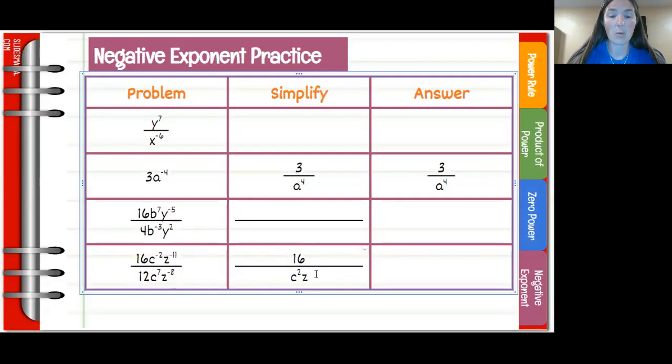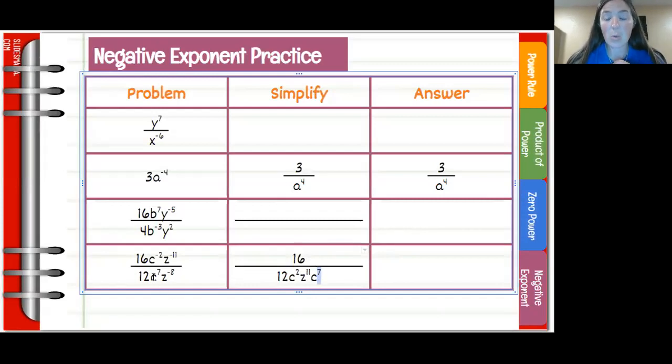So Z, and we change it to a positive 11 because we moved it to the bottom, right? And then now I'm going to look at the ones at the bottom. 12, it's going to stay where it is, so I'm going to put the 12 there. Then I have a C to the 7th, so I could come down here and I'm going to do C to the 7th.